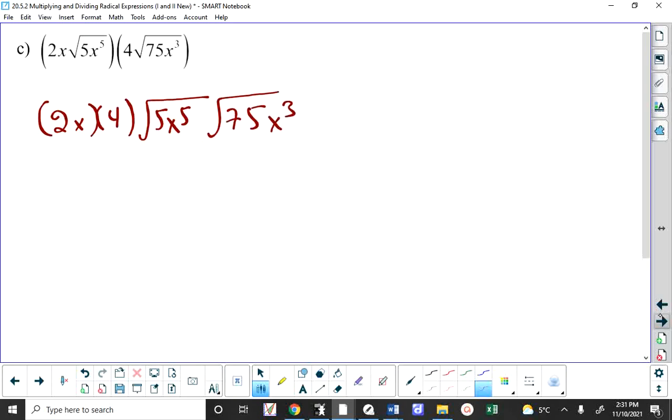I haven't really done anything here yet, everybody. I'm just pointing out I'm going to multiply the coefficients and I'm going to multiply the radicals. So 2x times 4 is 8x. And then I'm going to have a single root, and I'm going to have 5 times 75, which is, I believe, 375. Thank you.